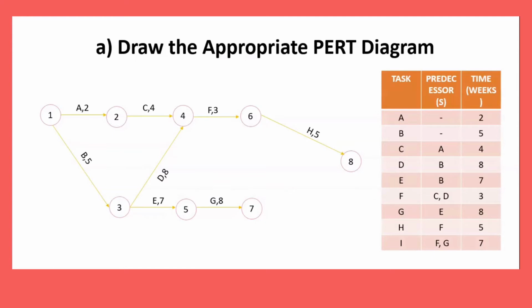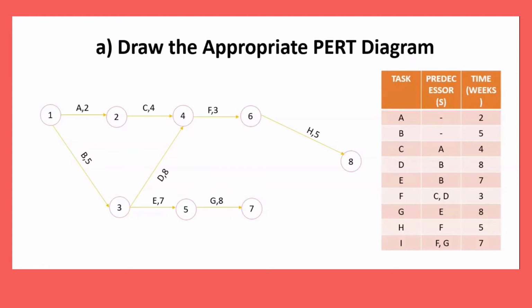And the last one is I. I is from F and G. As we can see, F is already complete, so we must use a dummy to restart or reuse the ended activity. In this situation, we must add a dummy because we want to reuse F again. Here, G is available, so we end G at node number 7 first.